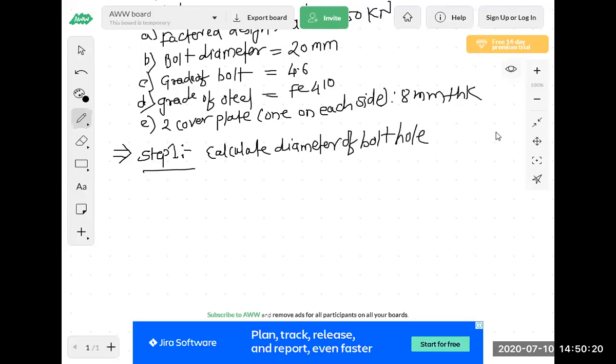Calculate diameter of bolt hole, that is dh. Now dh is equal to d naught plus 2. So here d naught they have given 20, plus 2 is equal to 22 mm. This is the step number 1.